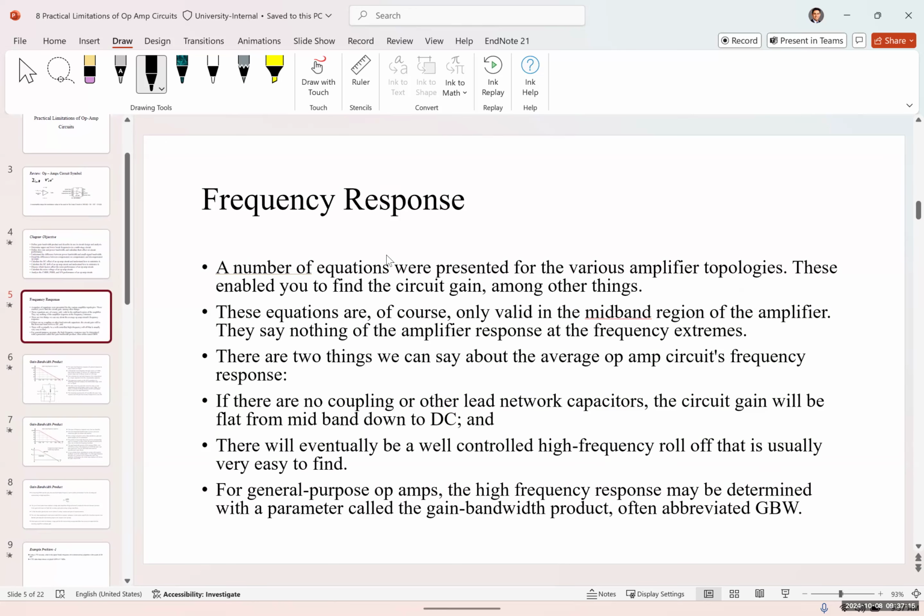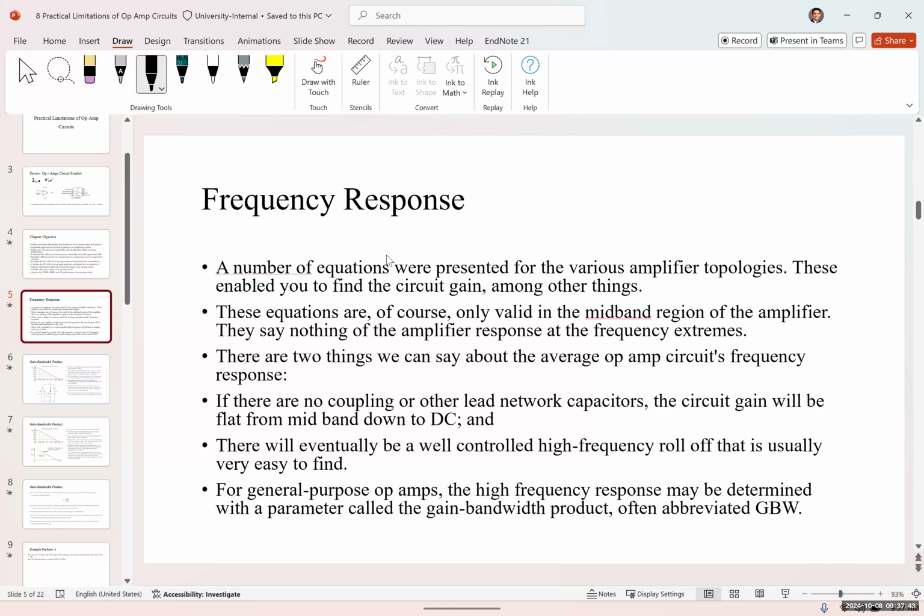So, frequency response. What is the frequency response? The majority of this chapter will be around the limitations of an op-amp, specifically the frequency response, the frequency limitation of it. The frequency response is the range of frequencies over which the op-amp operates at its maximum performance.